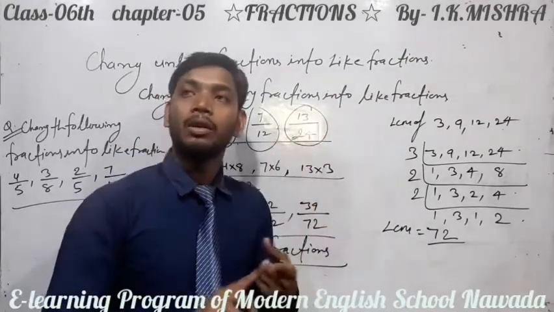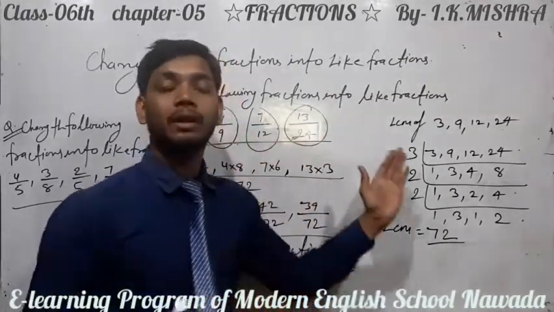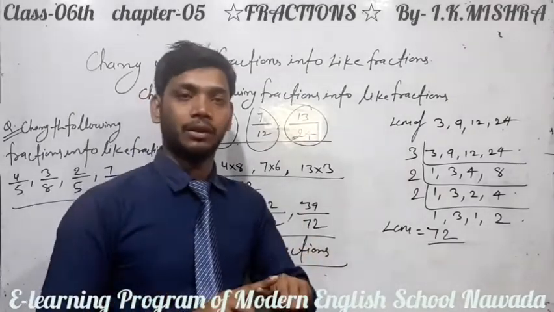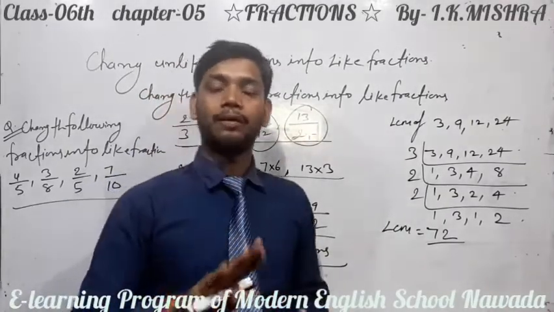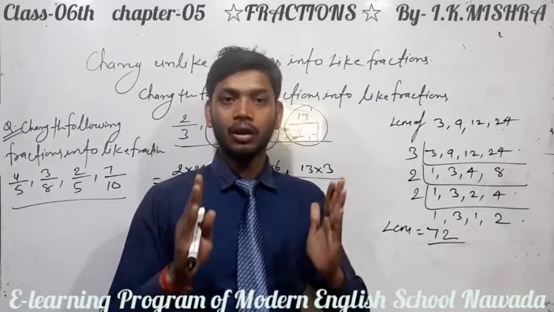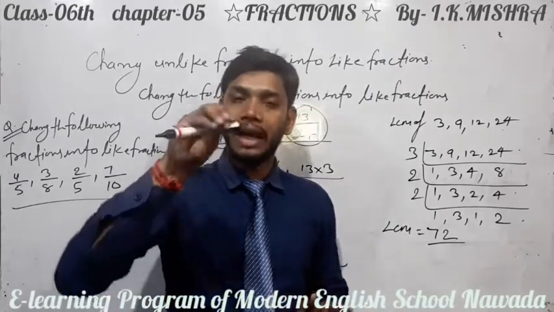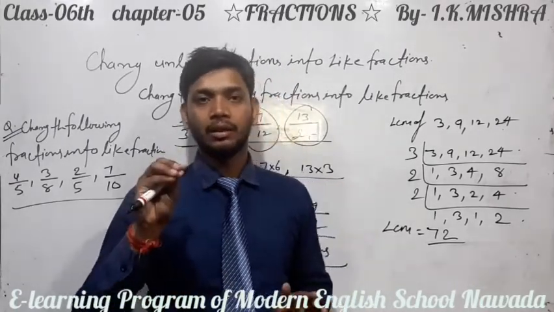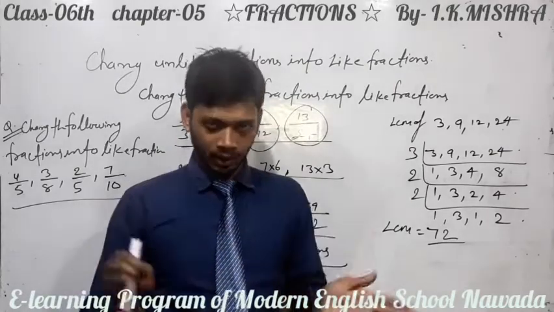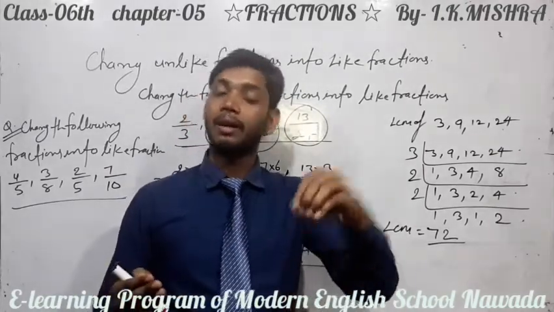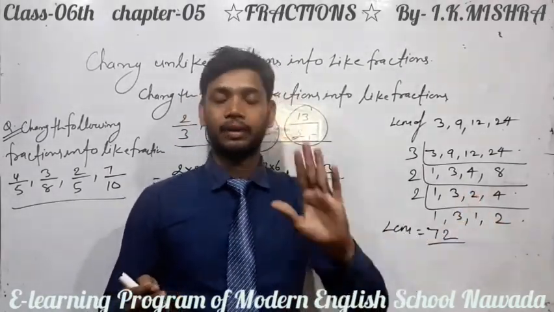First of all, change the unlike fractions into like fractions. To compare fractions, first of all the fractions must be like fractions. Students, you already learned how to change unlike fractions into like fractions.